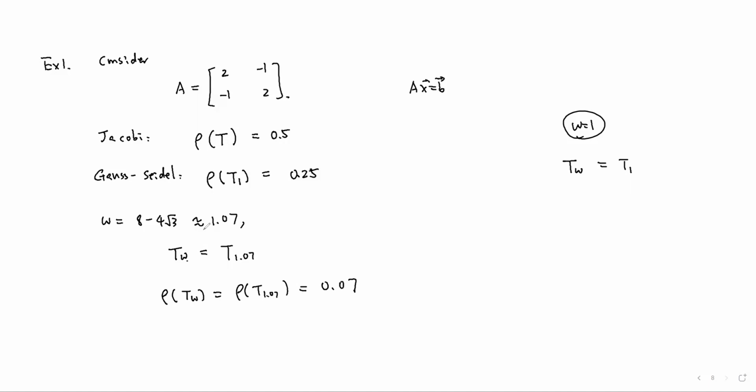Actually, 1.07 for this matrix is an optimal choice. It makes rho the smallest. So if you solve this linear system with the SOR method with this choice of omega, it converges super fast.